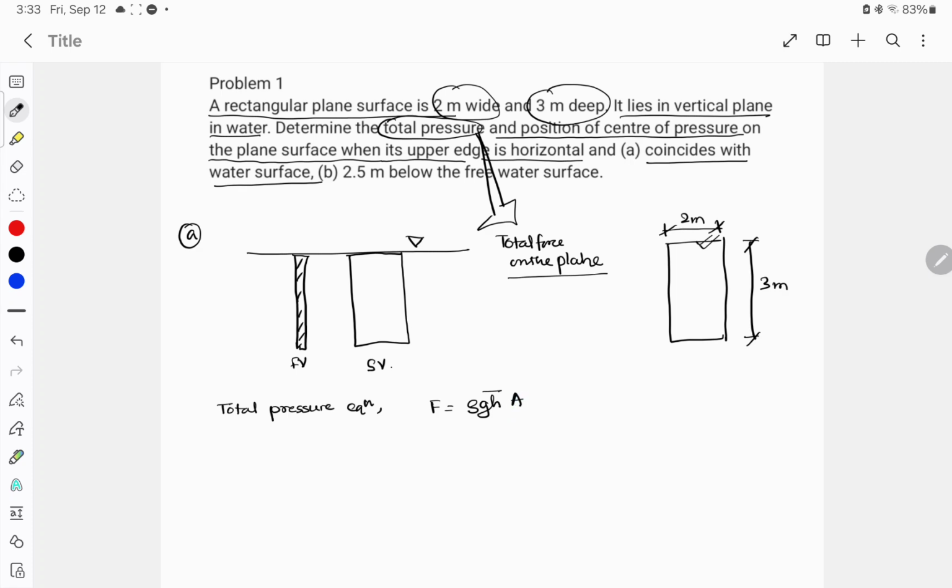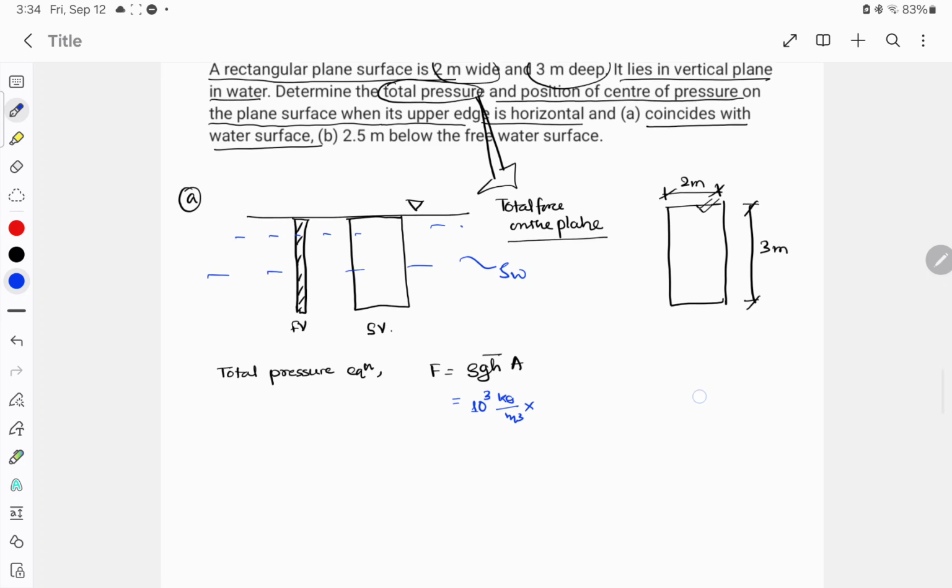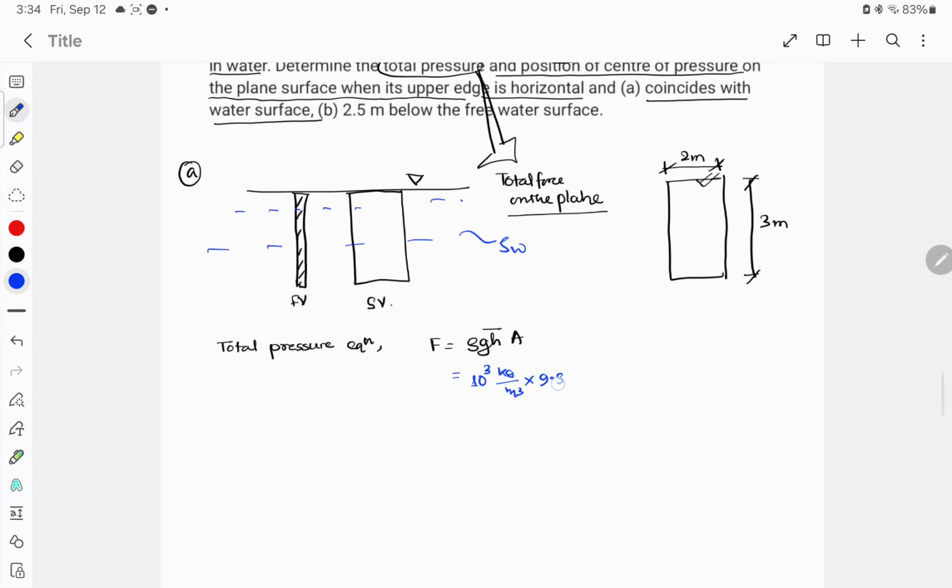They have said that this whole system is in water, so rho water we know: 10 to the power 3 kg per meter cube. I will not be writing units in every question. g is 9.81 meter per second square. H bar is the center of gravity distance, as we have already discussed, so this is the center of gravity.